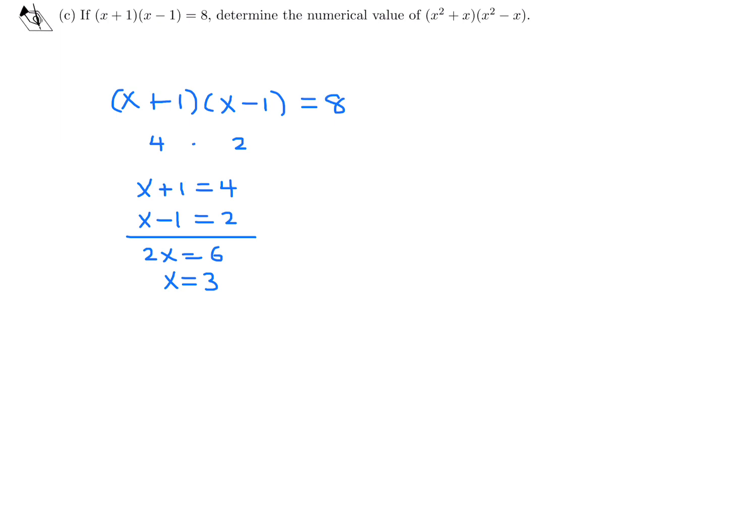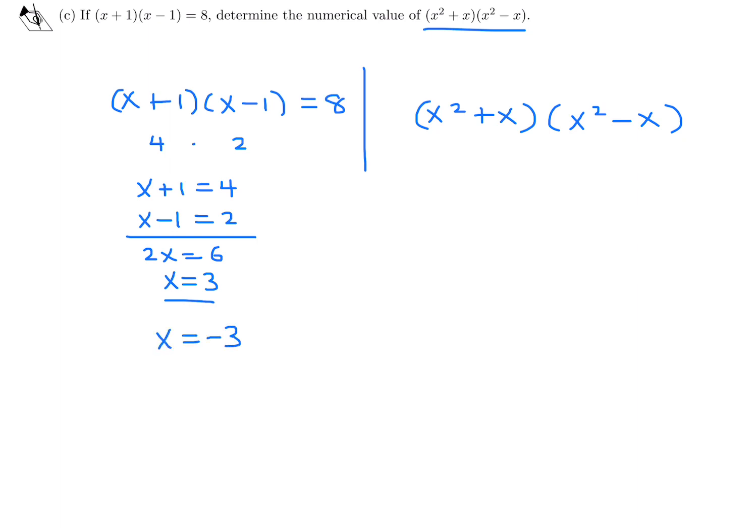So now I take this x equals 3 and just substitute it into that. So I've got x squared plus x times x squared minus x. Now what's interesting about this question is that this x equals 3 is going to give you the right answer, but x can also equal negative 3. If you were to do this as negative 4 and negative 2.